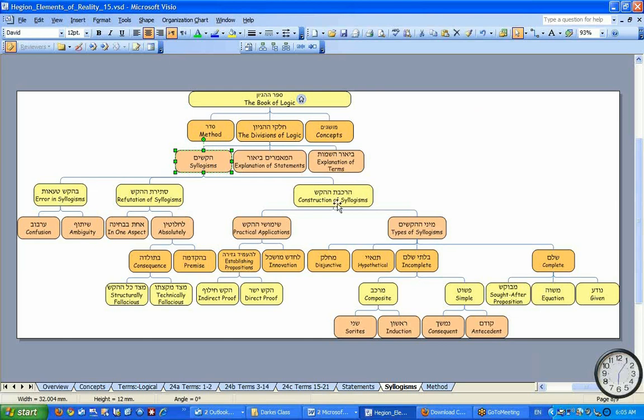And now he's going to discuss three basic issues: the construction of a syllogism, how to create it, how to refute it, and then he's going to tell us to make sure that our syllogisms are correct. We have to watch out about ambiguous terms or terms that seem to be similar and they're not.